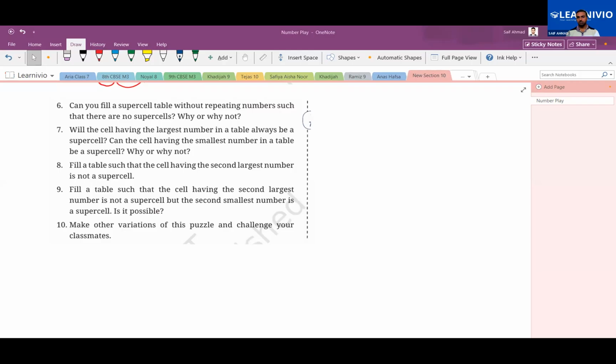Understood? And the smallest number in a table can't be a supercell, unless it is placed in a position where it's surrounded by even smaller numbers; only then can it become a supercell. Okay.